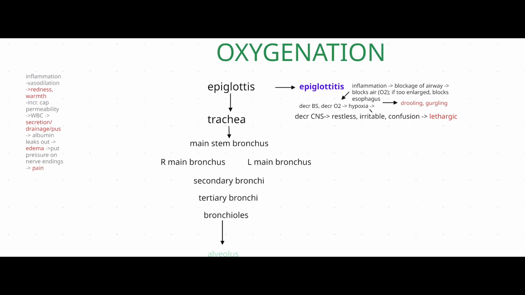What causes epiglottitis? Correct. Any idea which one? Bacterial, you said bacterial. Bacterial, which one? No, not RSV.